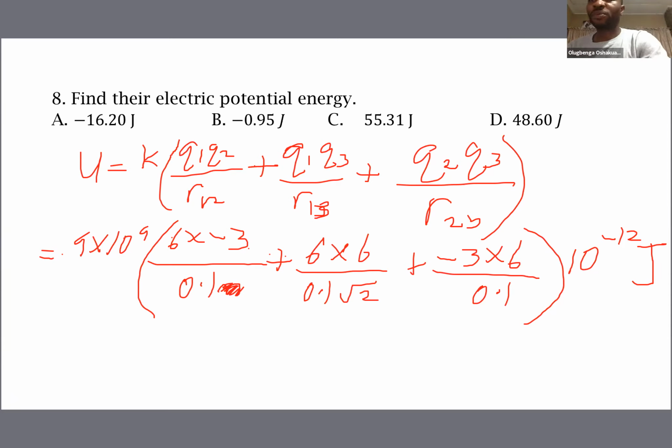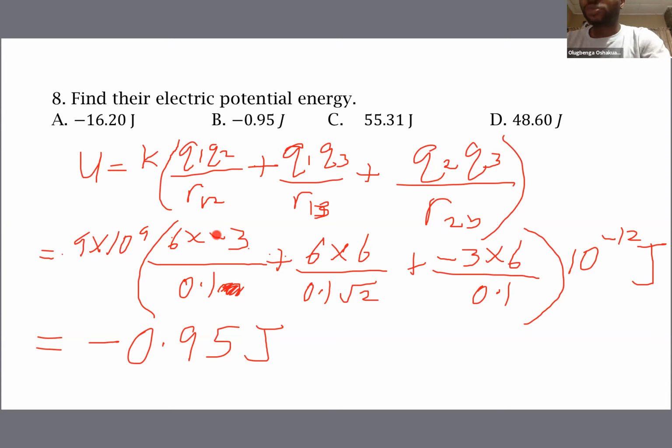So if we calculate all this, just simple calculation from this point, we should have our electric potential energy to be minus 0.95 joule. And you recall that in this calculation, we take into cognizance the magnitude of the charge.